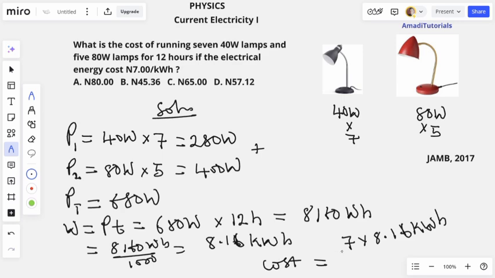Cost equals, if you multiply that, this will be naira. Remember, there was a naira sign here. It will give you 57.12 naira. So the cost of running all these lamps for 12 hours will be 57.12 naira. That is option D. Thank you.